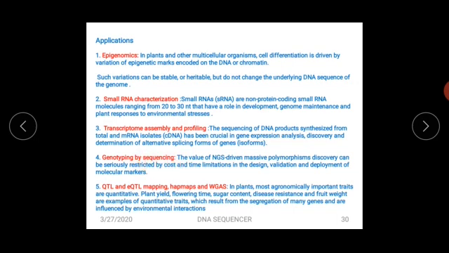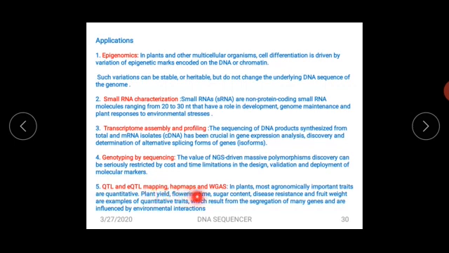With NGS, the next or third generation methods, massive polymorphism discovery was seriously restricted by the cost and time limitations in the design, validation and deployment of molecular markers. So this instrument can help reduce the cost and time to understand molecular markers, which are very essential these days to understand any kind of disease.